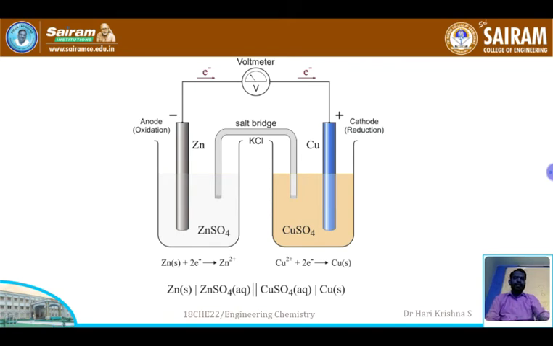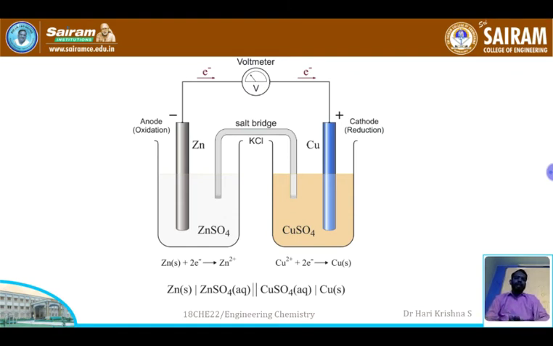You can see below, zinc is undergoing oxidation to give Zn2+ and 2 electrons, and copper will accept 2 electrons to give Cu. So zinc is termed as anode, whereas copper is termed as cathode. Zinc is the negative electrode, copper is the positive electrode.